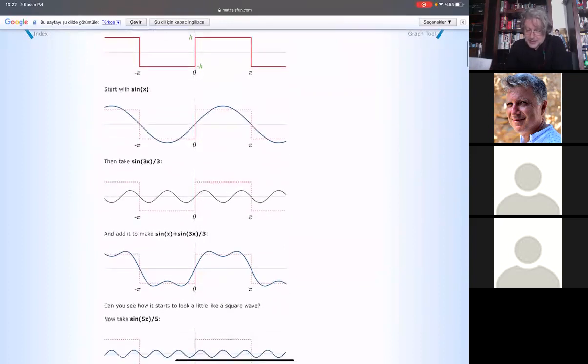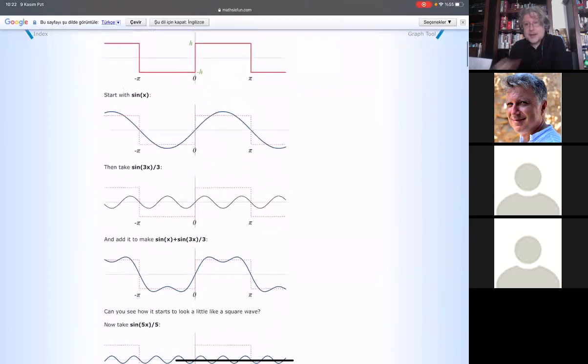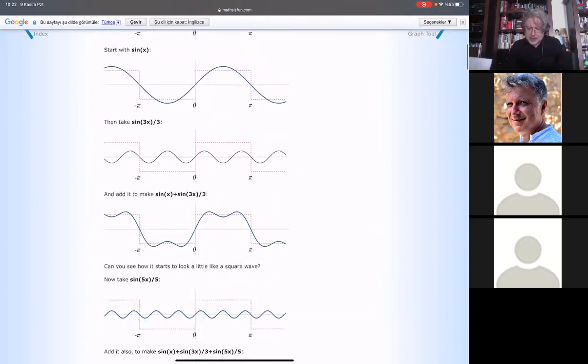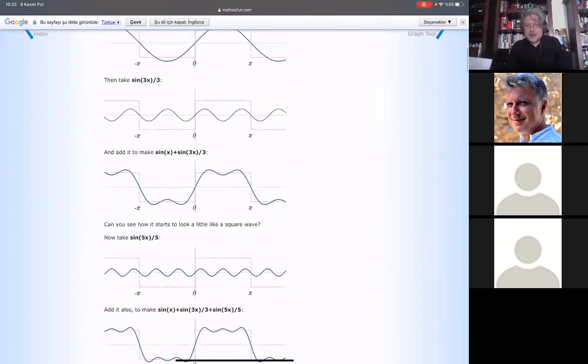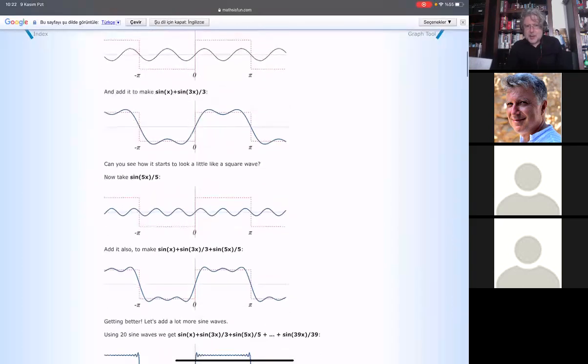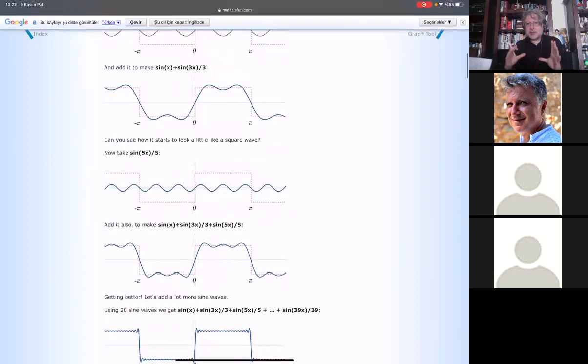So when we add that to the fundamental sinusoid, as you see, we already start coming up with something that resembles a, of course it's not. So we add the fifth harmonic, sine 5x over 5, and we come up with an even more accurate representation of a rectangular wave. And we add more and more.